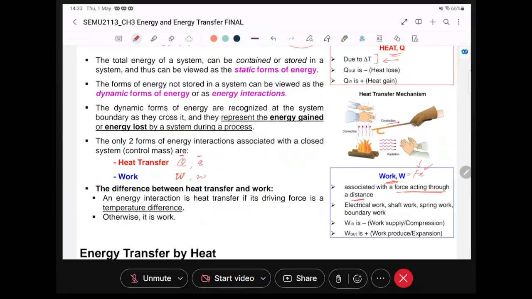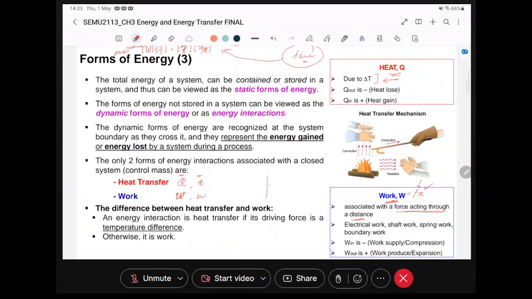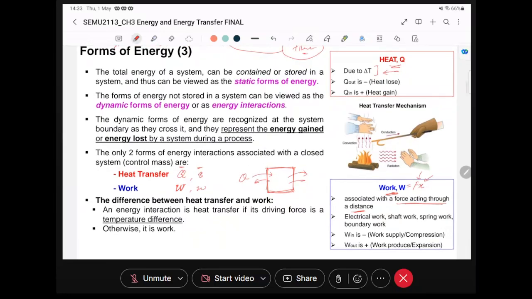In a system, if we draw a boundary like this, a closed system, of course, we draw it with four sides, so there's no mass exchange. Heat can go in and out of the system. So does the work. Depending on whether it's going in or out, we write it as positive or negative. So positive and negative really mean going in or out.